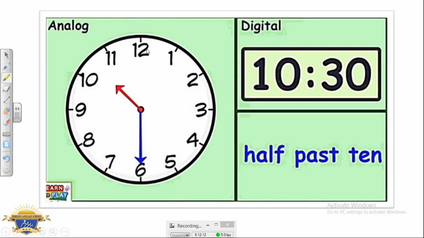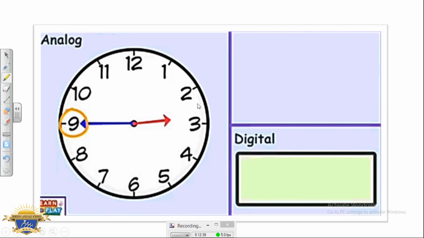If you remember, I said this part of the clock, the right side, is past. When I say past, I will take the small number. The hour here is between 10 and 11, and 10 is the small number, so I will write 10, and 6 equals 30 minutes. Okay, next example.